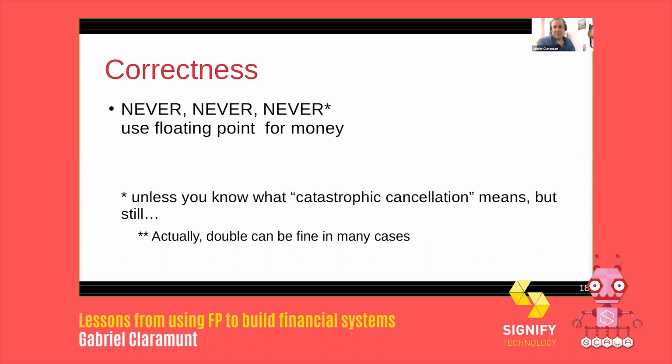And since from the business side, Excel is the golden rule, I changed that to big decimal and used what is called bankers rounding, that basically evens out the rounding from one place to another. So at the end of the day, everybody has the same rounding error, and it gives you the exact same results as Excel. So the first recommendation is, again, never, never, never use floating point for money.